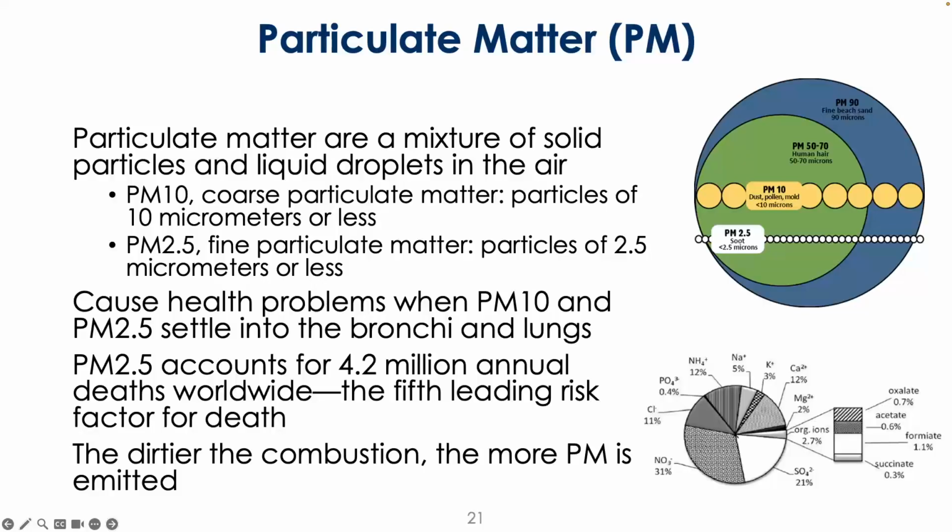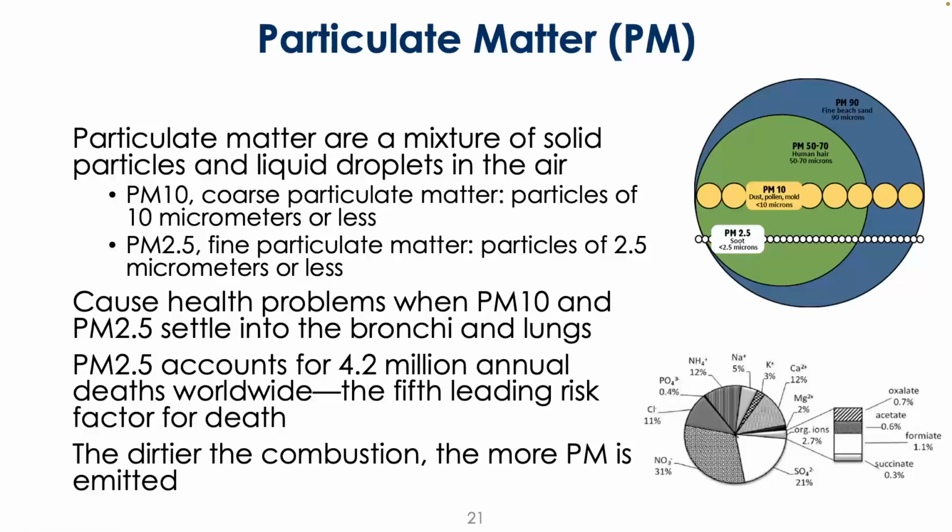And I have this diagram to kind of give a sense of scale for you guys. So the big blue dot, that is particulate matter 90. The number coming after the PM refers to the size.